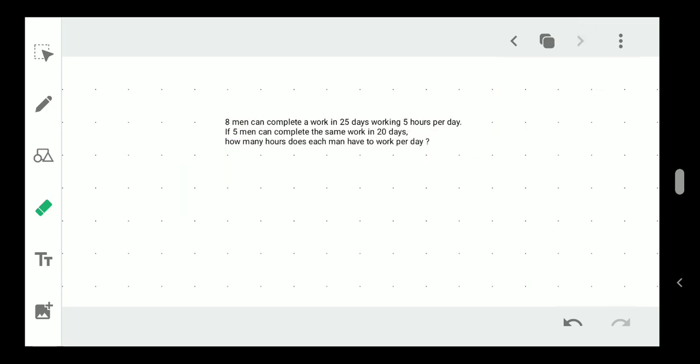See here, we have a little bit complicated one. 8 men can complete a work in 25 days working 5 hours per day.